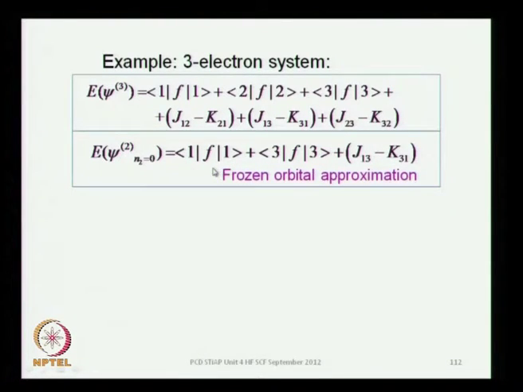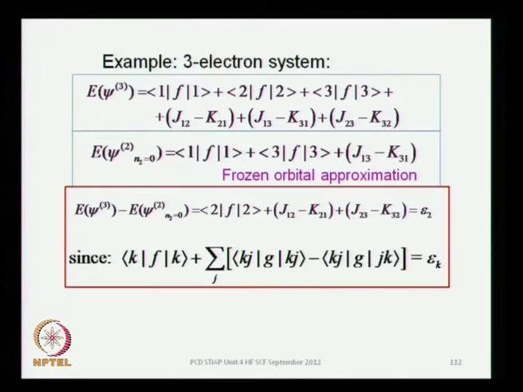Okay. So, there are no pair interactions between electron 1 and 2 or between 2 and 3, because electron 2 is the one which has been removed, and you are left with only the pair terms between 1 and 3, and then the 1 electron integrals for the state 1 and the state 3. So, this is what you get for the 2 electron system.